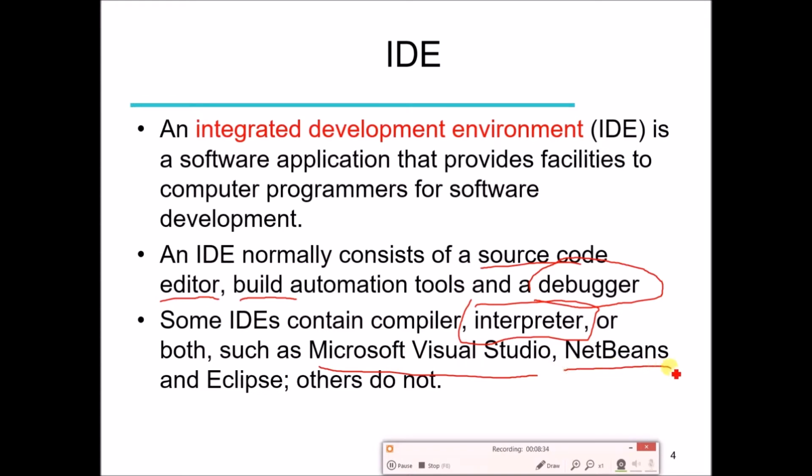NetBeans is officially supported by Oracle, and it is a kind of de facto standard for writing Java code. I think most of you have already used NetBeans, so we can use NetBeans in the lab to write Java code. Eclipse is also there, which also supports many languages. So it is going to be your choice which integrated development environment you use to write the Java program.